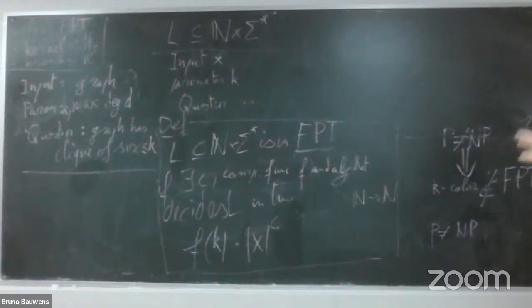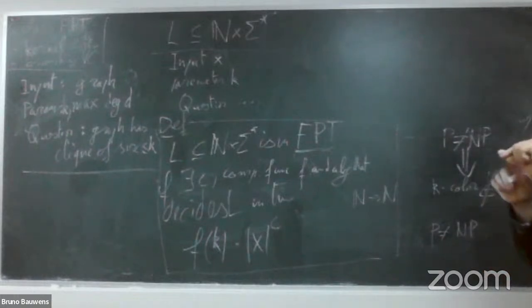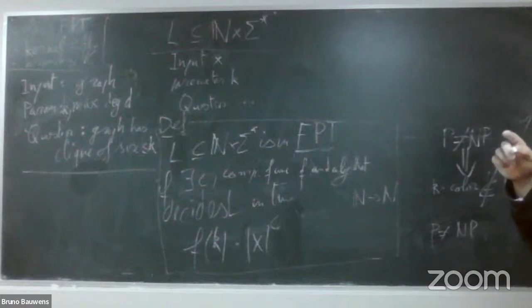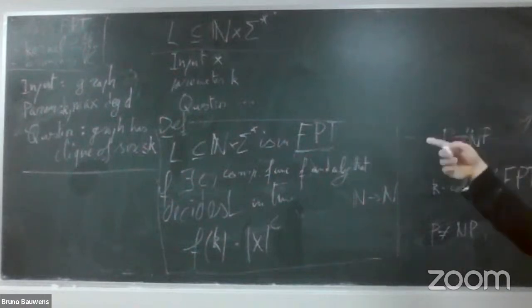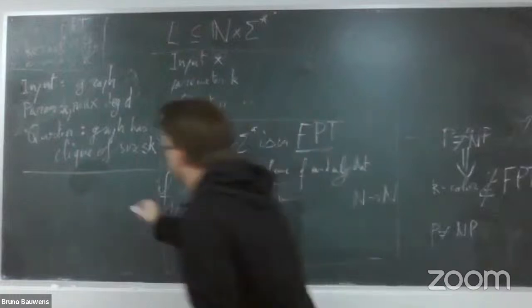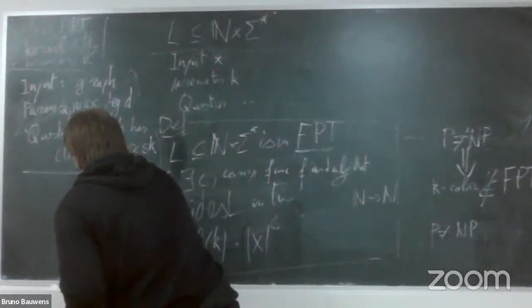A clique is almost that, but it's just a set of nodes where every pair of nodes is connected by an edge. Strongly connected is for directed graphs.